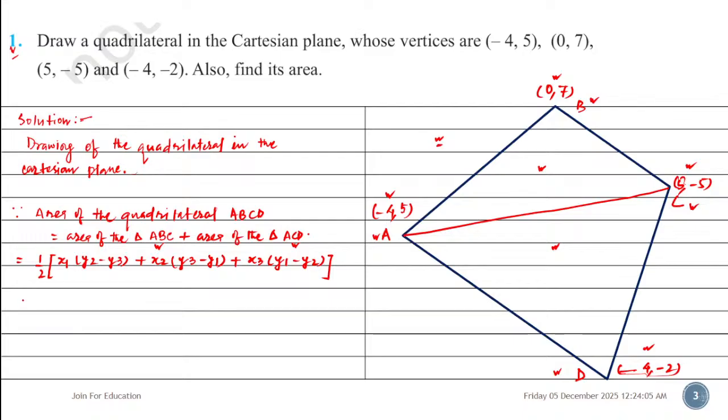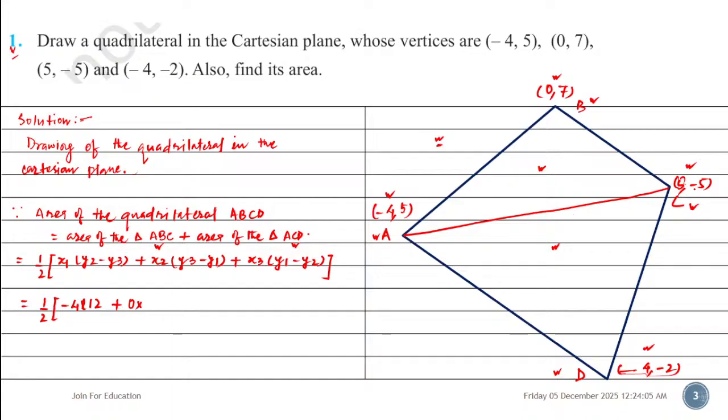So here, 1 by 2 for ABC. We write down x1, which is -4, into 7 minus -5, which is 12. After that plus x2, which is 0, into y3 minus y1.